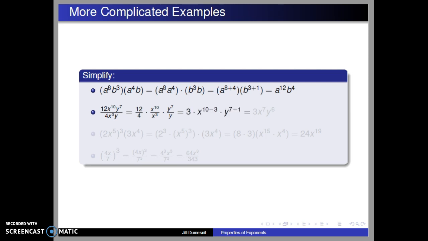Now we can simplify each fraction separately. Notice that 12 over 4 is 3, and to divide like bases, we subtract the exponents. This simplifies to 3x to the 7th, y to the 6th.